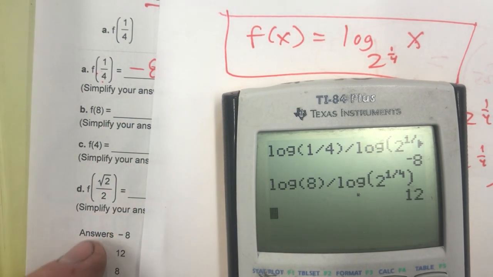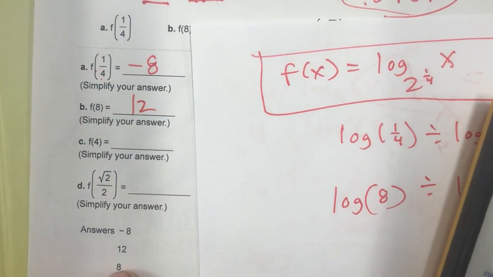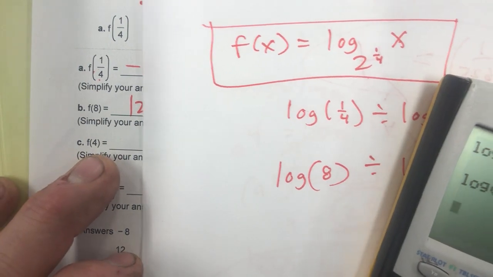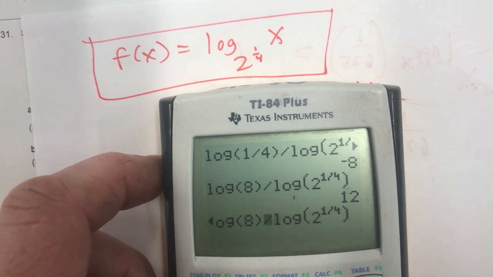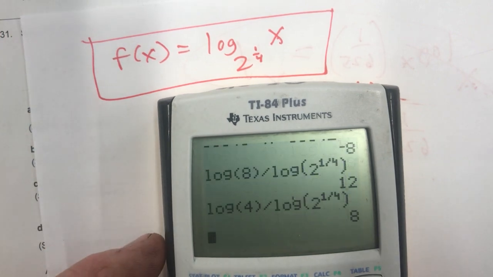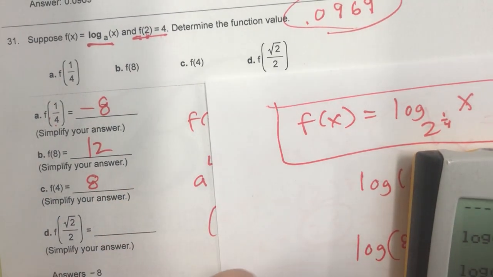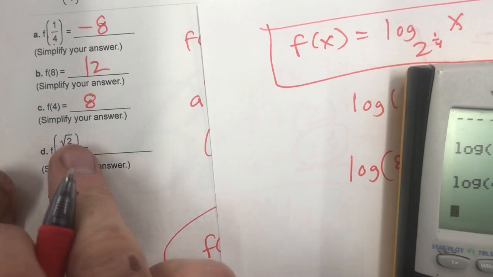And there you go, 12. This is 12. Okay, we see that right here, 12. We got 2 more. So I'm going to type 4 in, so I'm just going to go change my 8 to a 4. And that's 8. So this one's 8. You see it right there, 8. And the last one should be -2. So I'm going to type that in.